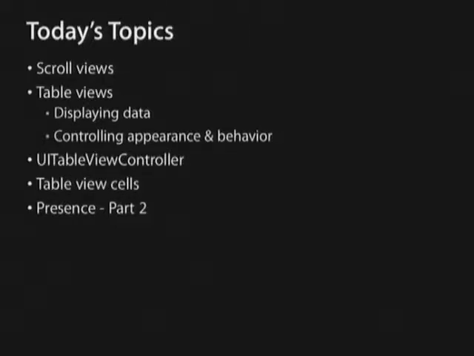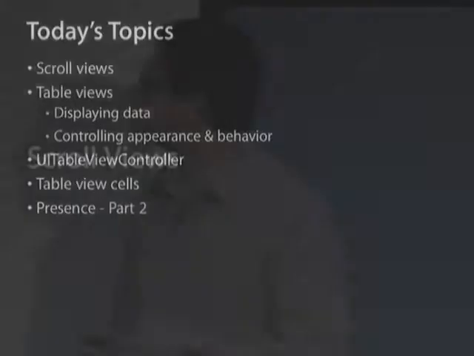Then table view controller, which is a subclass of UI view controller, which helps you manage a table view and some of the automatic behavior you get as you transition between screens. You've seen push animations in a lot of the apps. Then table view cells, which represent each row inside a table view, and we'll explain a lot about how you control appearance and behavior of those. And then I guess there'll be something about Presence 2.